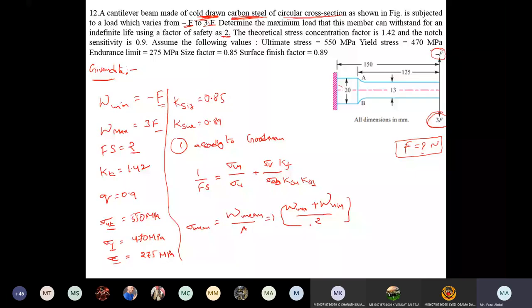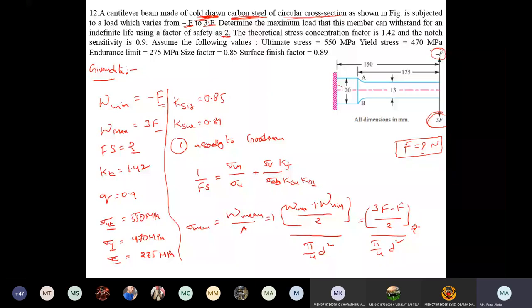It is having a circular cross section, so I am taking circular area, pi by 4 D square. What is the maximum force here? 3F. Minimum force is minus F. Substituting, maximum force 3F and minimum force minus F, by 2, by pi by 4 into D square. So 3F minus F is 2F, and the 2 gets cancelled.